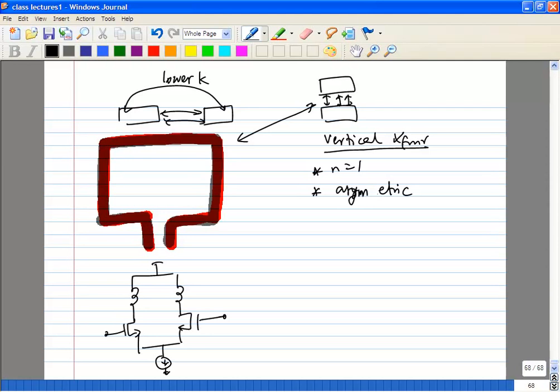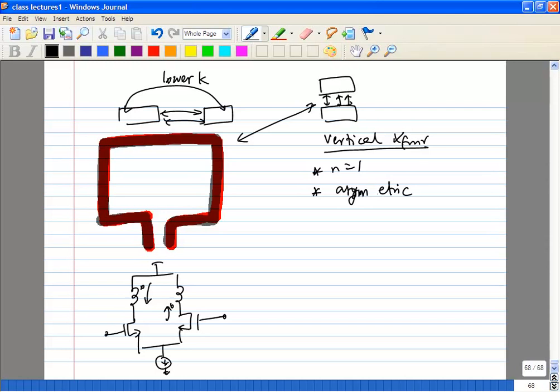Obviously you can't use this kind of thing, even though you want maximum coupling, because the differential current when it flows like this is going to flow like this in the other side. The more coupling you get, the higher the Q you will get from this transformer, but you also want symmetry. You can't use this kind of thing in such a case.